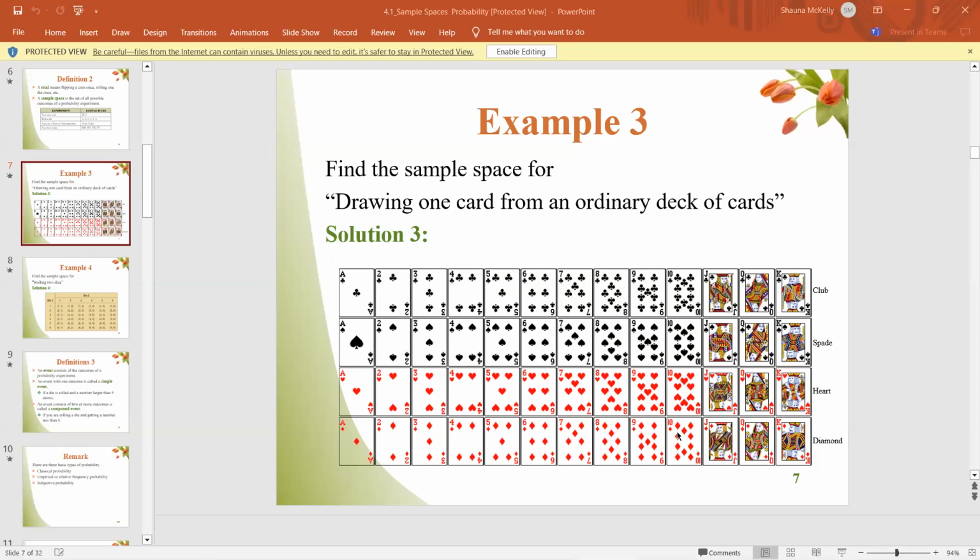Here's your chart. Be careful. How many queens are there? Oh, 4. 4 out of how many? 52. Right. Remember that a probability is a fraction. So 4 is the number of queens, but the probability of a queen is 4 out of 52.